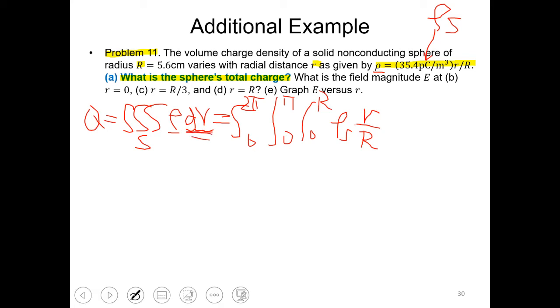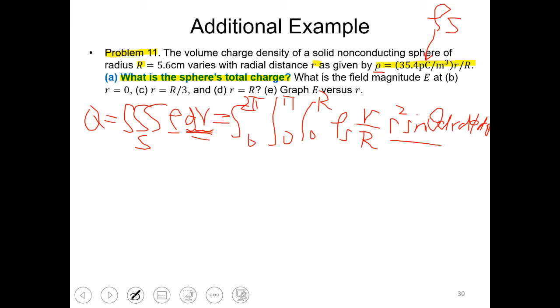For spherical coordinates, you may learn it later. dV is nothing but r squared sine theta dr d phi d theta. You will learn it later.